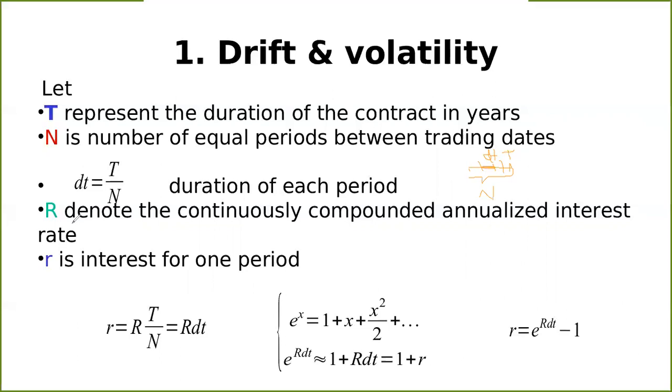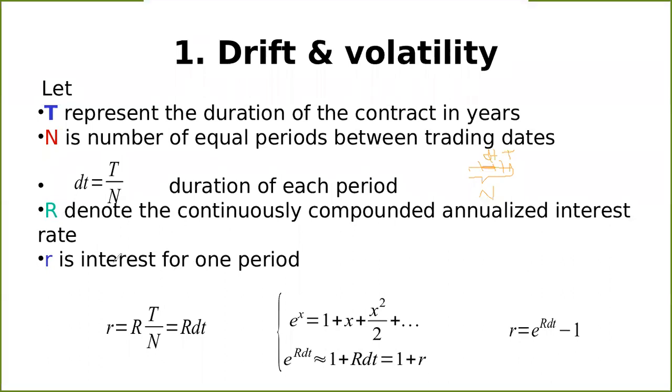And let capital R denote the continuously compounded annualized interest rate. It is not 1 plus little r as in the previous lecture. It is only the interest rate, but little r is the interest rate for one period.